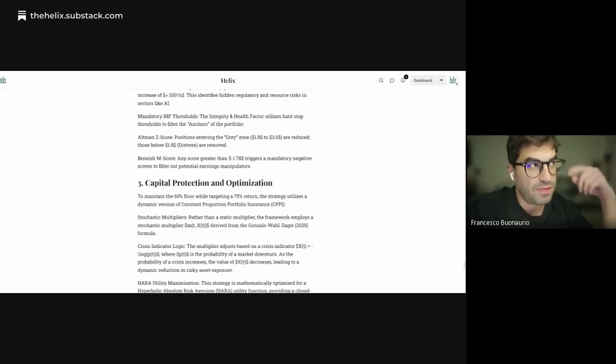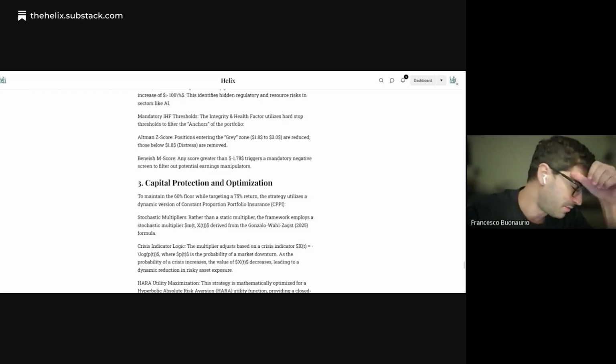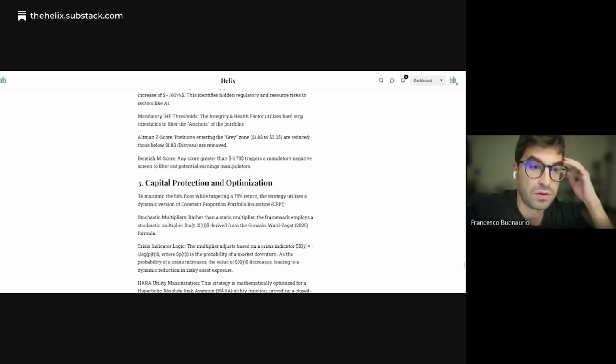Because of this, you have a different exposure to different stocks depending on how big your account is, because you make a whole bunch of different calculations based on the specific amount that you have in your portfolio.